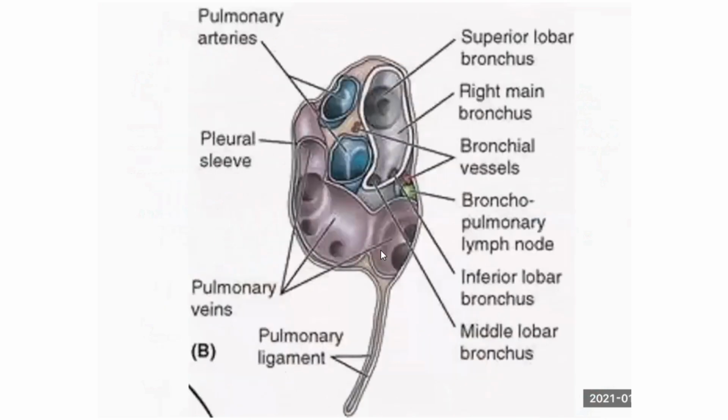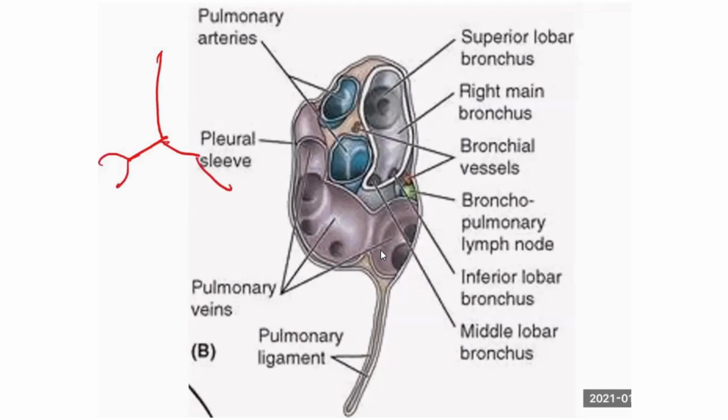Structures on the root: what are all the structures you can see? Remember, the trachea divides into right bronchus and left bronchus. The right bronchus enters the right lung, the left bronchus enters the left lung. The right bronchus, after entering the right lung, divides into two bronchi, the eparterial bronchus and the hyparterial bronchus.